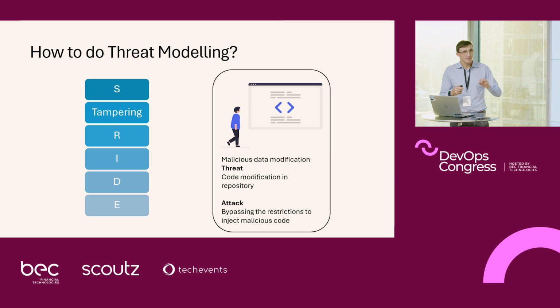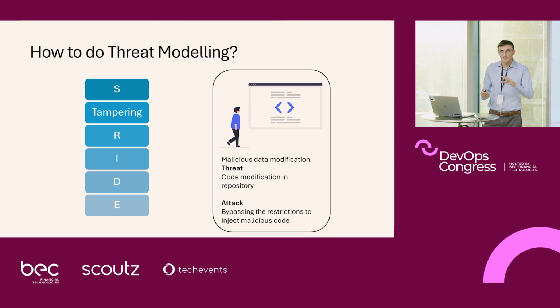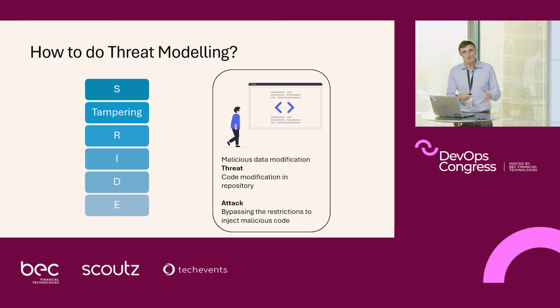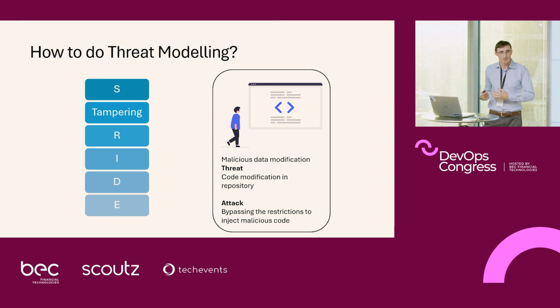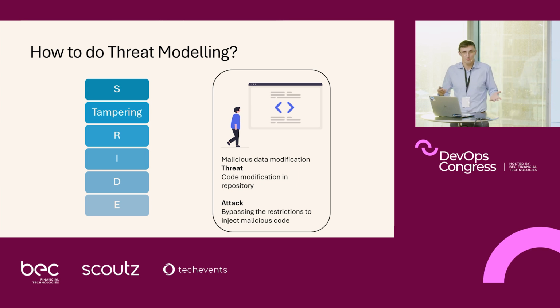For example, if an attacker gets access to our code repository and modifies something, and in our pipelines there is no additional check like code review or a pull request requiring some other person to accept it before it is merged to the main branch, that kind of code modification could result in deploying it to production automatically using the CI/CD.